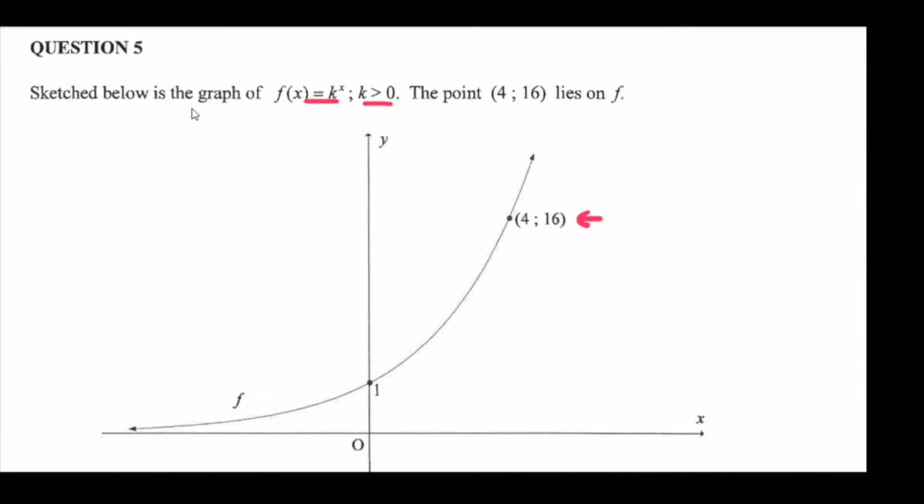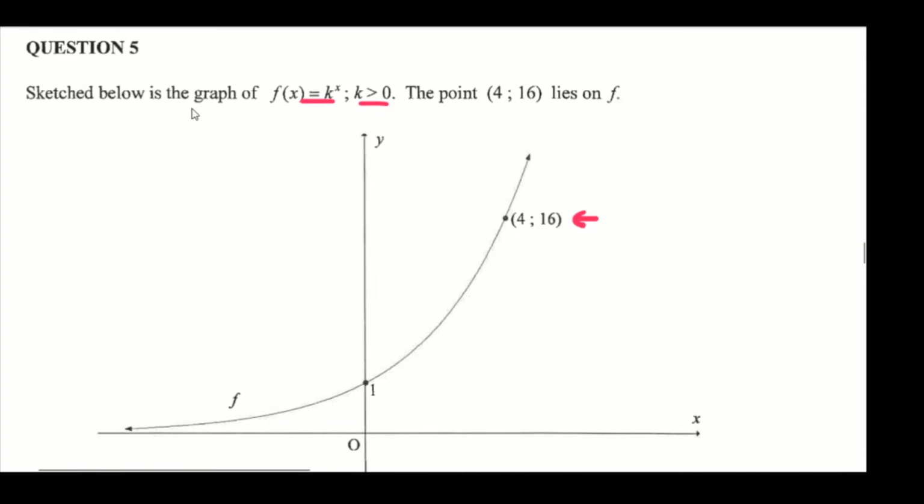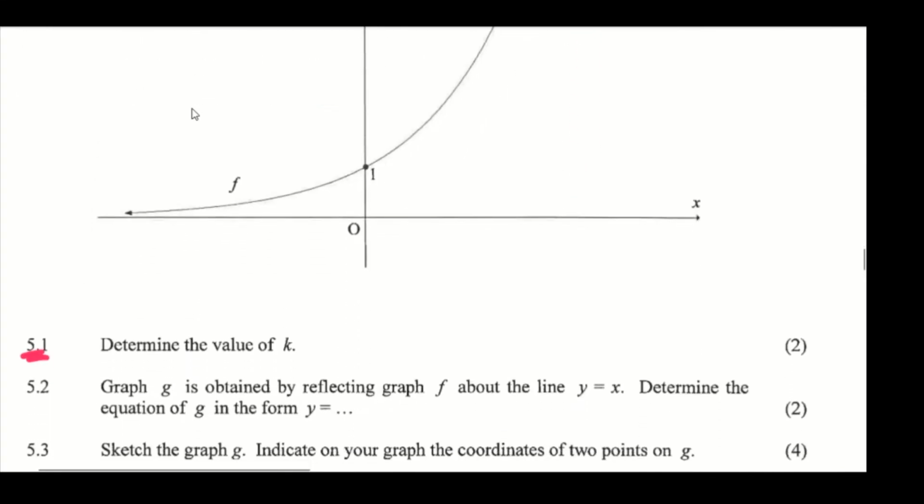Let's do 5.2, which says that graph g is obtained by reflecting graph f about the line y equals x. Determine the equation of g in the form y equals.